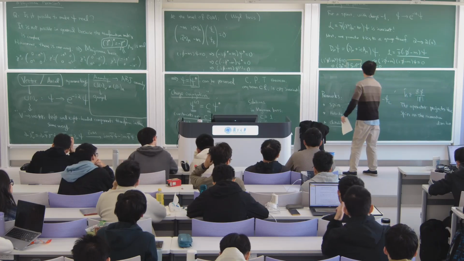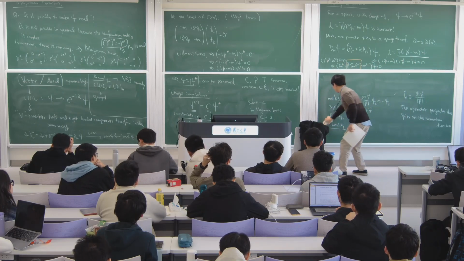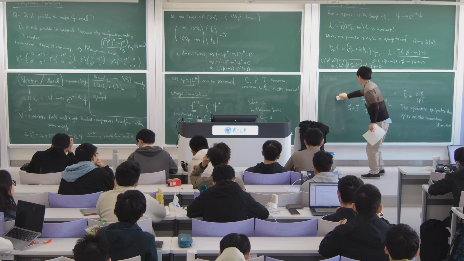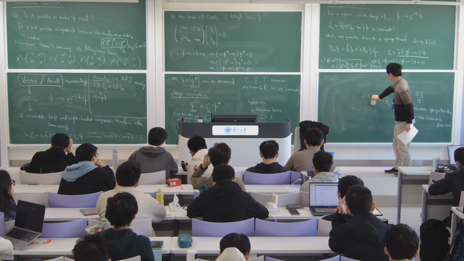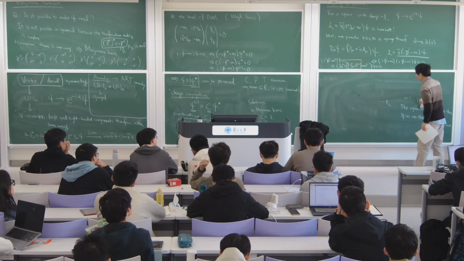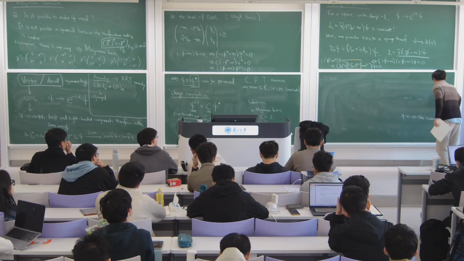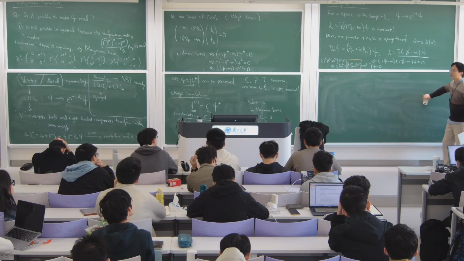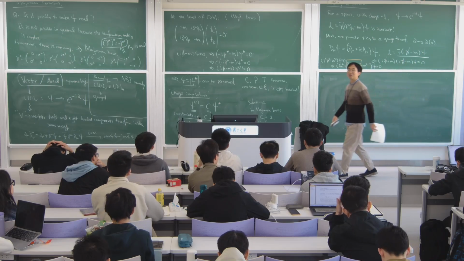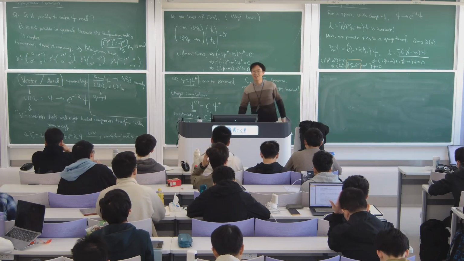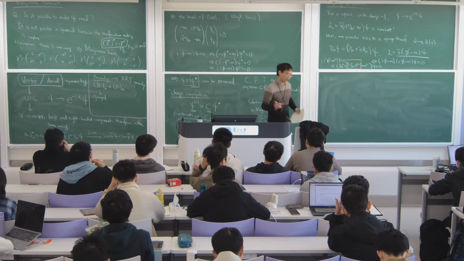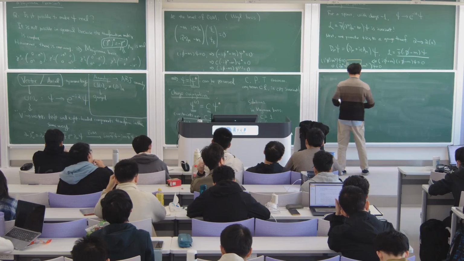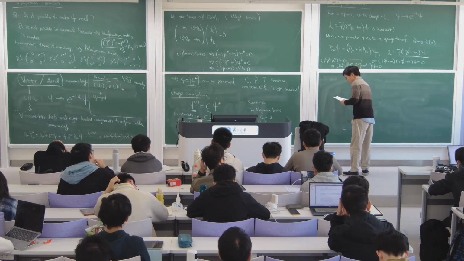To clarify this, let's go back to the last lecture. Last lecture, we spent some time to find what is the good Lagrangian term for the Weyl fermion. Remember that? We tried different combinations. Eventually, we found a particular combination that satisfies all the requirements.